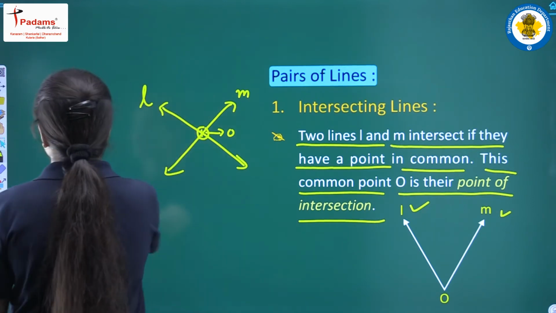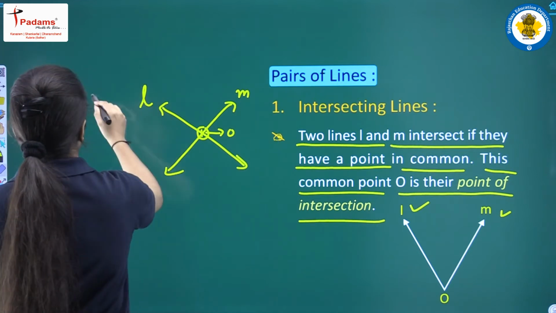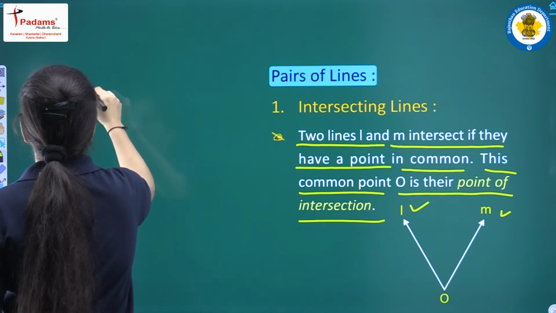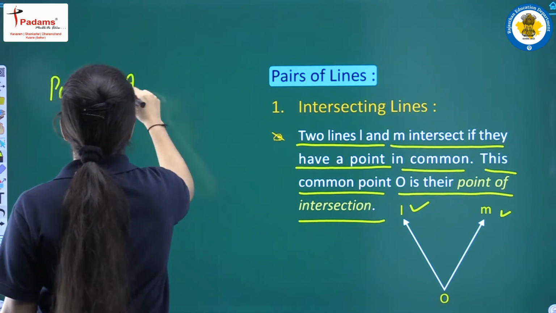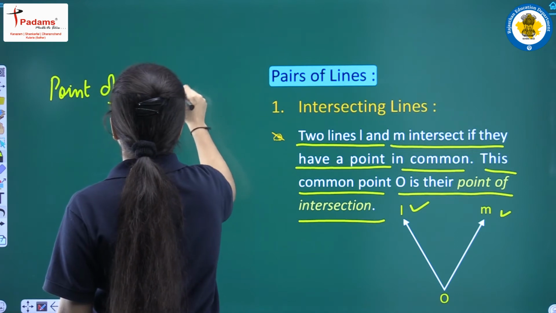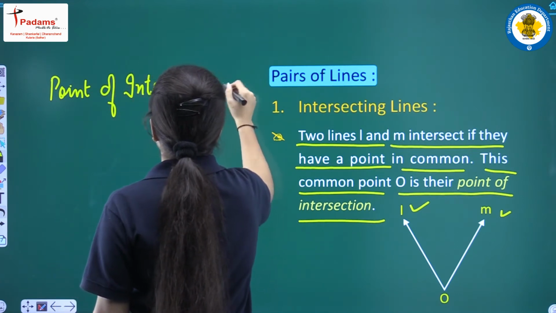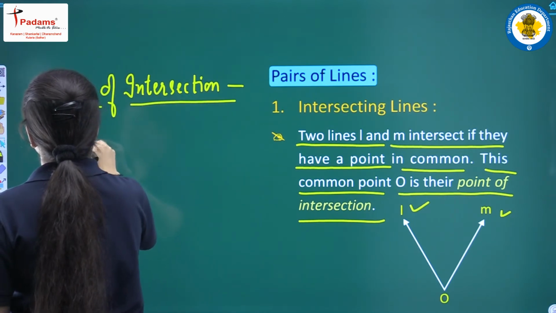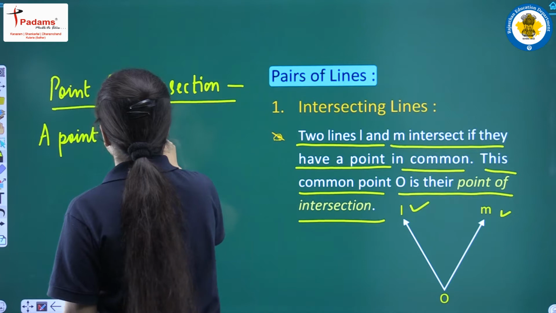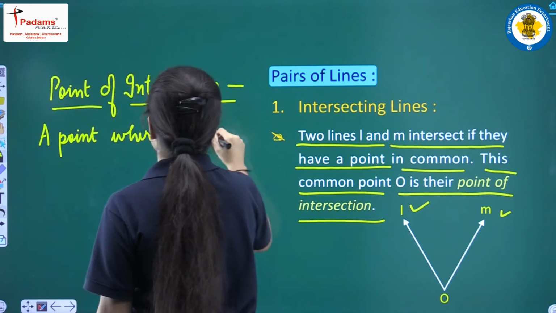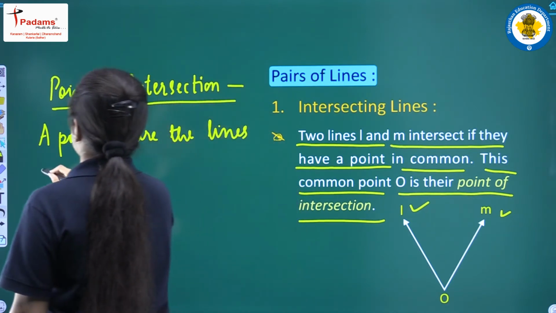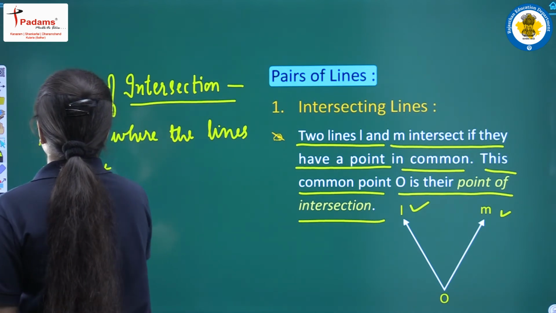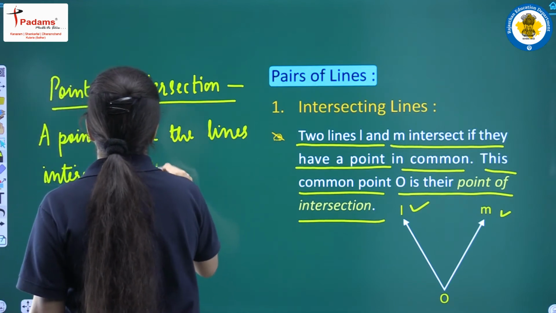Okay, students, so write it like that. What do you mean by point of intersection? Point of intersection: a point where the lines intersect with each other.